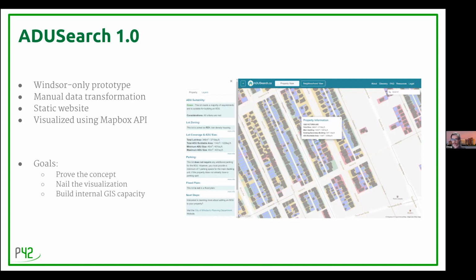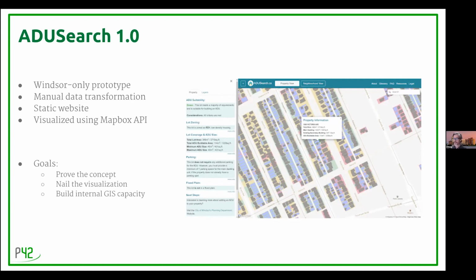We started with Mapbox, and the capabilities that they offered us turned out to be sufficient not only for ADUSearch 1.0, but also completely within the scope of what we needed for ADUSearch 2.0. So a really good product, it really solved a lot of problems for us, and I highly recommend Mapbox.